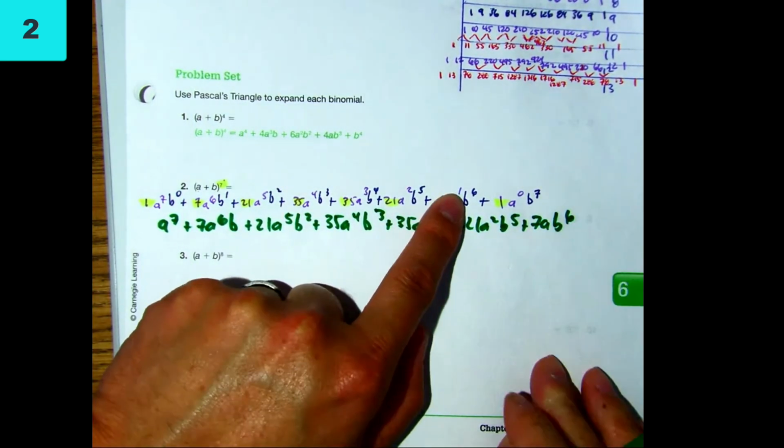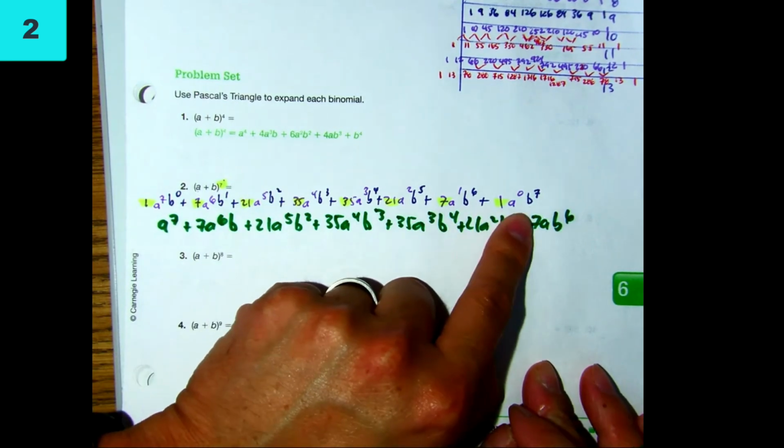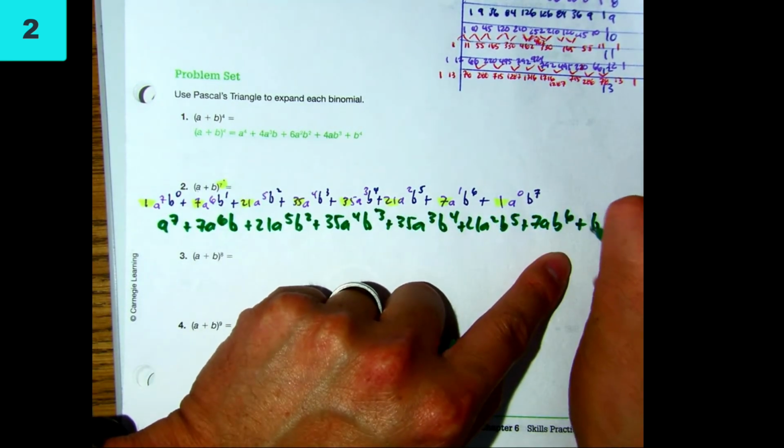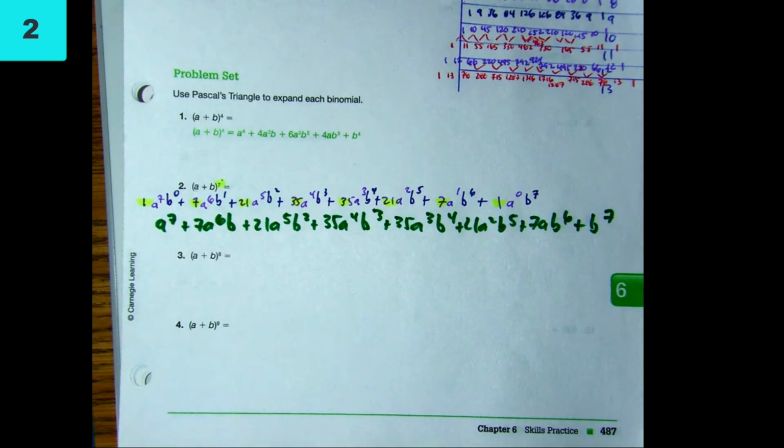So again, I didn't write that 1. I don't need to write a to the 0, so just plus b to the 7th. And there's your answer in green.